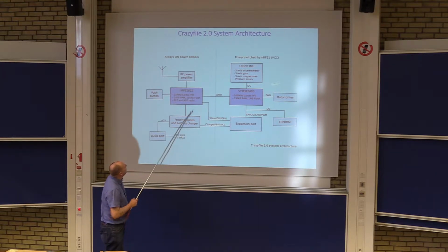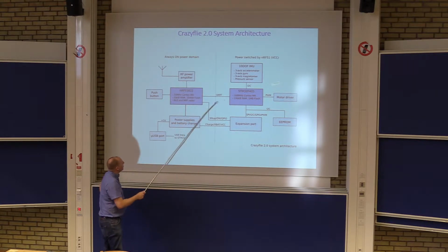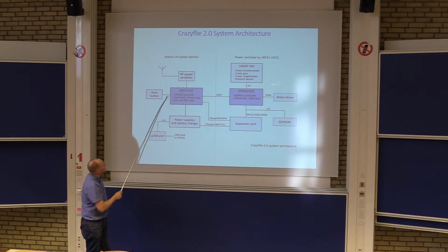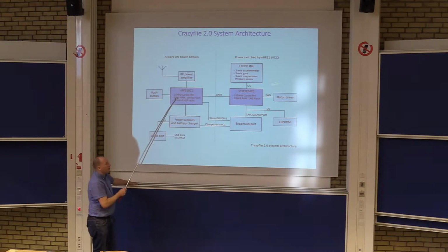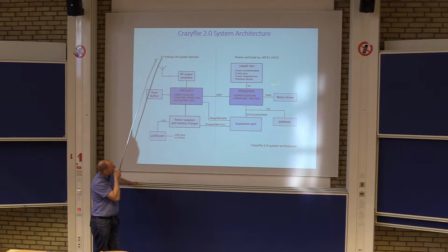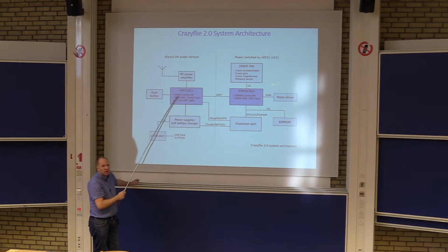Then there are also some expansion ports, so you can communicate with the power supply and the battery charger. But I mentioned that there were two processors. So there is also another processor here. It's a less powerful processor, a 16 megahertz Cortex M0 processor, so it's an 8-bit processor.